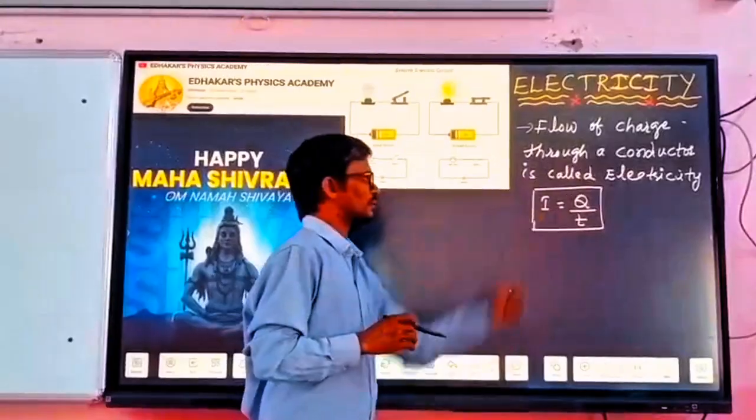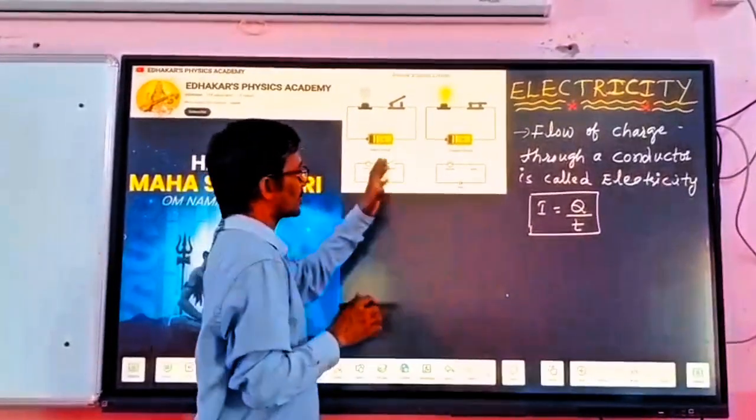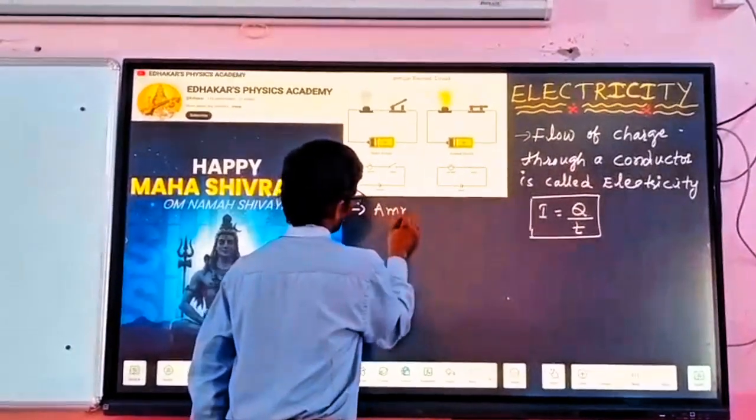So how do we measure the current in a circuit? With the help of the ammeter. Which instrument are we using? Ammeter.